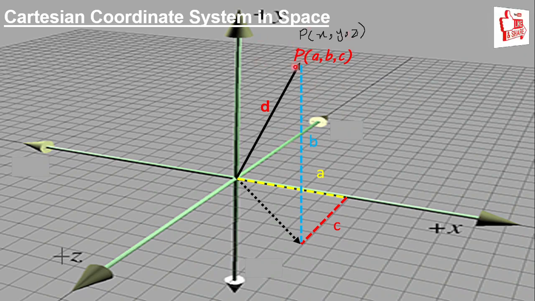The vector D making an angle with the reference line of the x-axis is denoted by alpha, with the y-axis denoted by beta, and with the z-axis denoted by gamma.